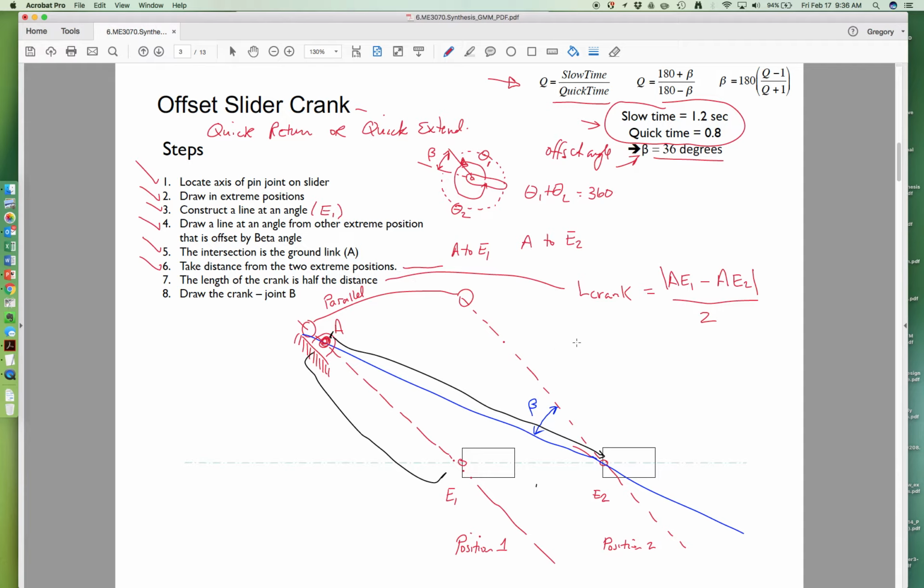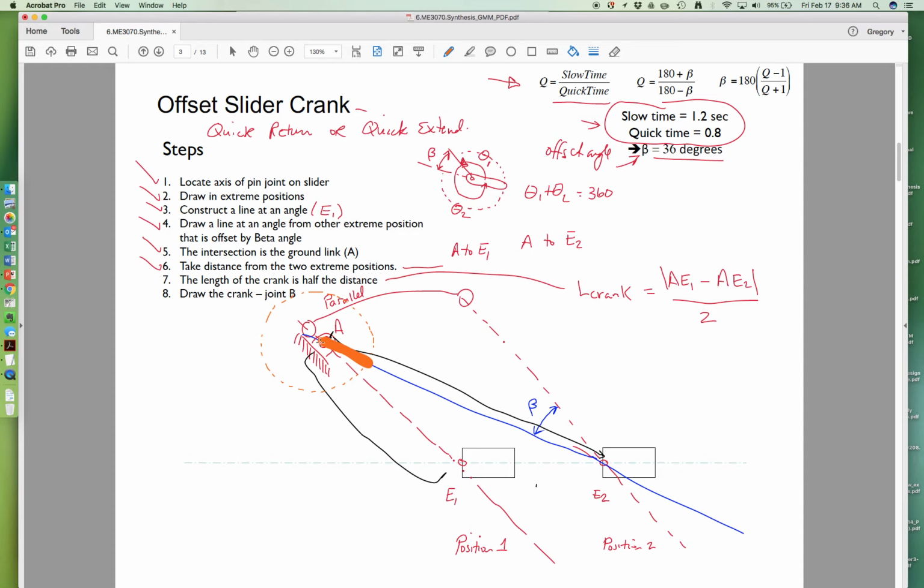So now what we can do is the length of the crank, we can draw a circle around that joint A of the length of that crank. Okay, and this is not to scale here. Draw a circle around this joint. Okay, and this becomes the length of the crank. So what we end up with is a crank that looks something like that. Okay, and that's in line with the blue construction line.